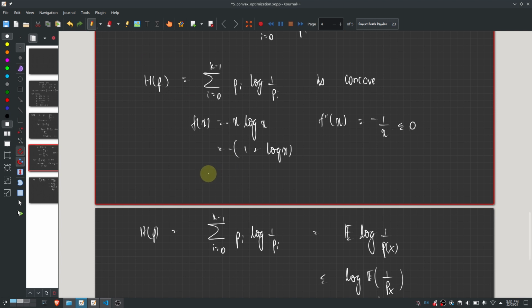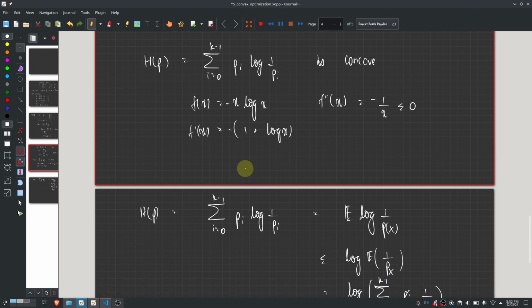Right, so the second derivative will be, this is f dash of x, so f double dash of x will just be minus 1 by x. So f of x is a concave function. Correct.